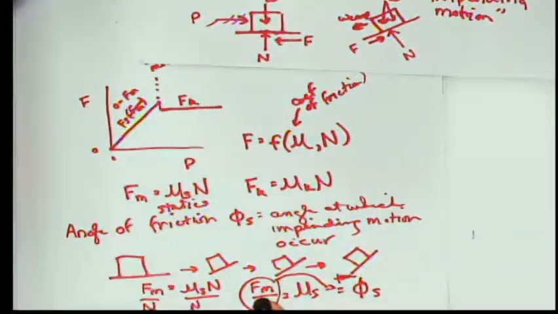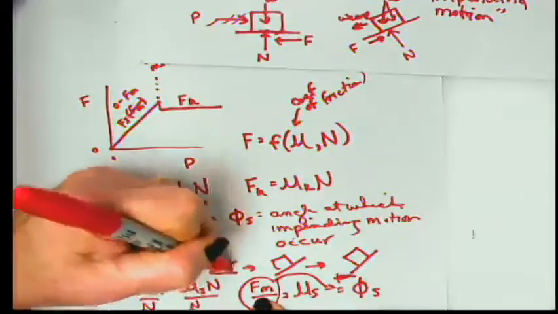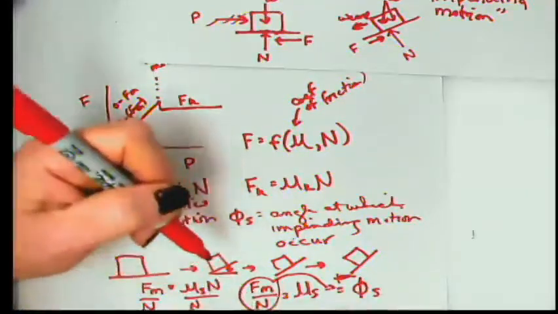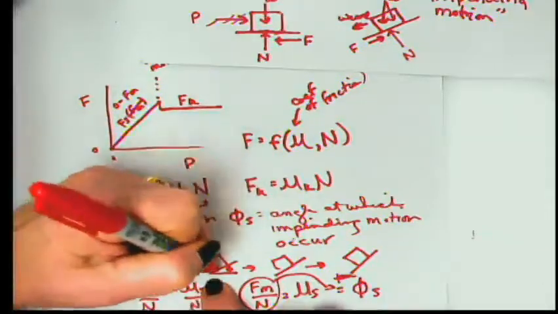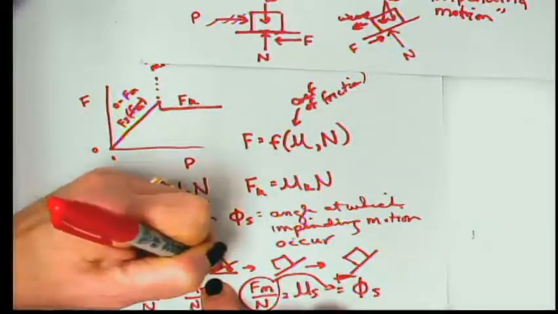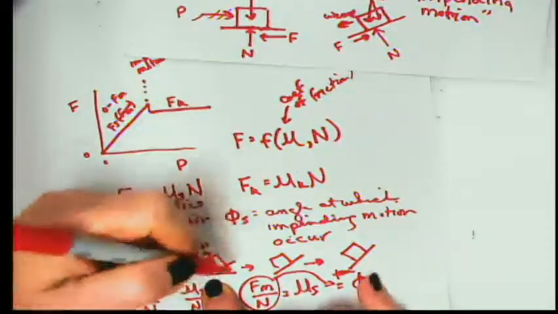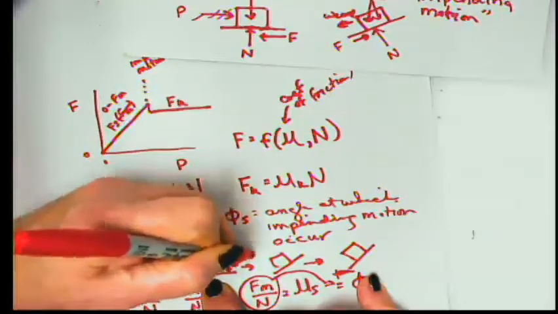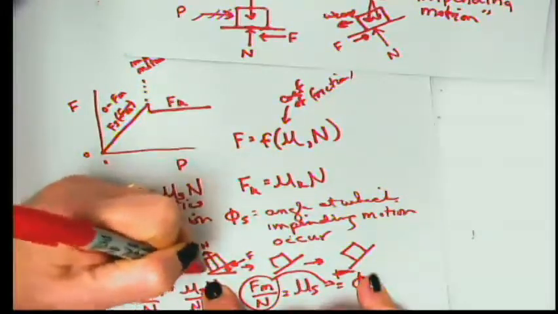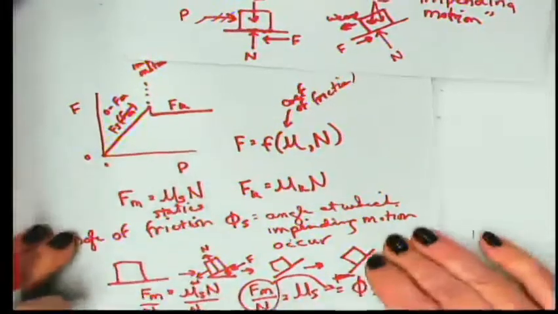Because if you think about it, if this is my phi, as I tilt it, wherever it starts to move is my phi sub s. We have a normal force that's acting this way, and a frictional force that's acting this way, and basically the weight of that package that's pushing it downward.